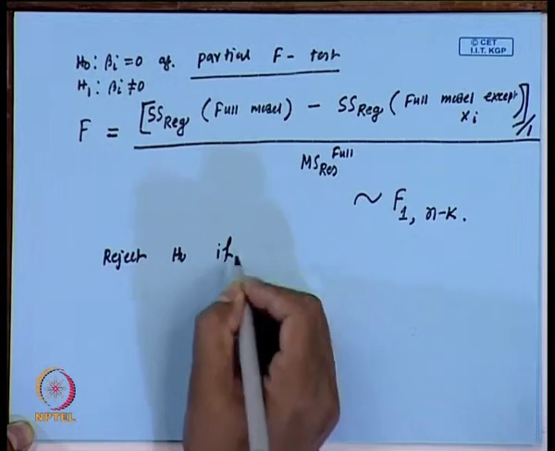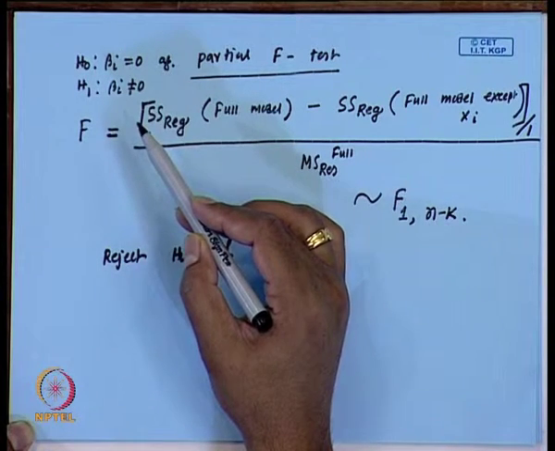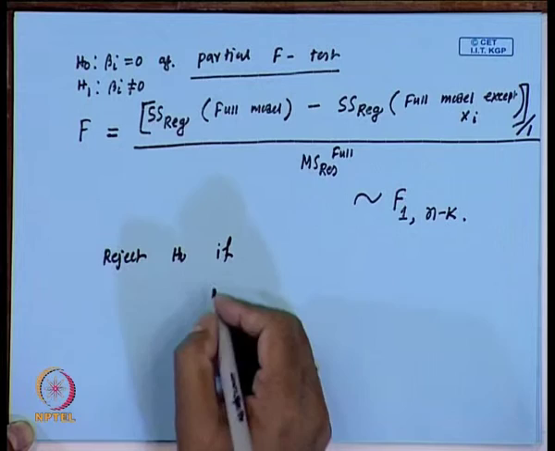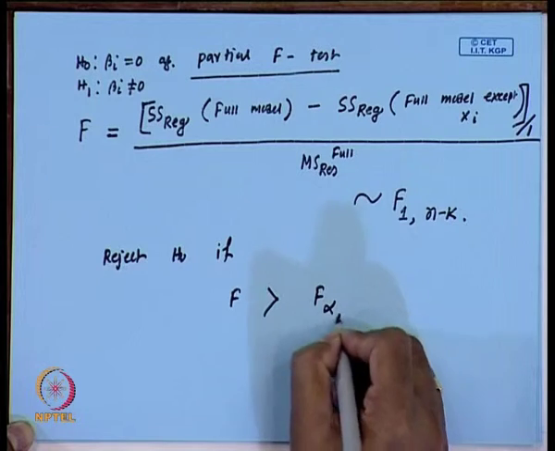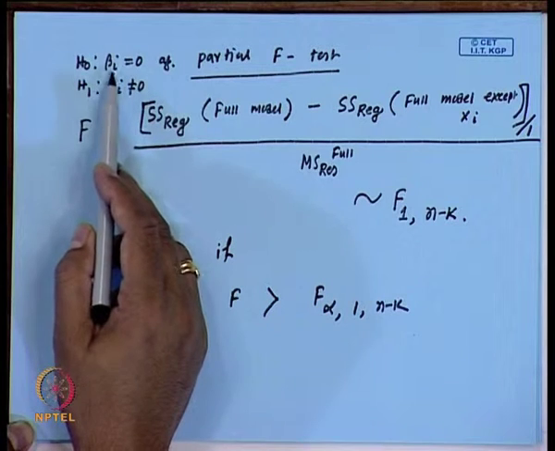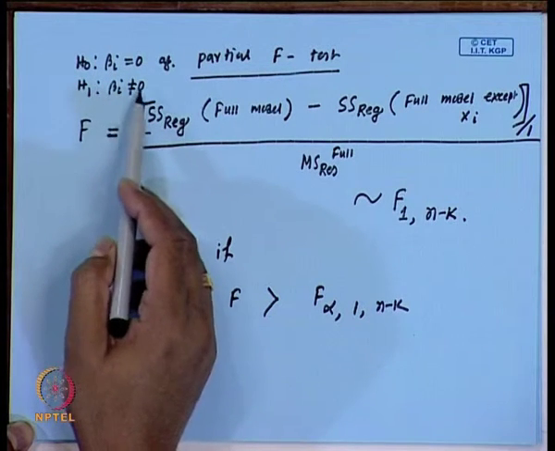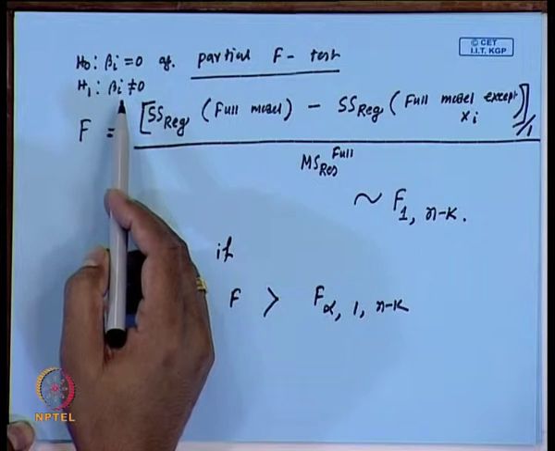We reject H naught if F is greater than the tabulated value F alpha, 1, n minus k. Rejecting H naught means accepting the alternative, that is, x i, the ith regressor, has a significant contribution to explain the variability in y in the presence of other regressors in the model.